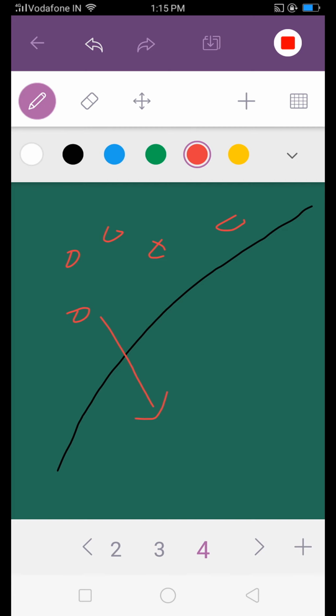See, here the number of molecules is more, here it is less. Same molecule: here fewer molecules are present and here more molecules are present. So the molecules will move from higher concentration, that is the exterior, to lower concentration, the interior.